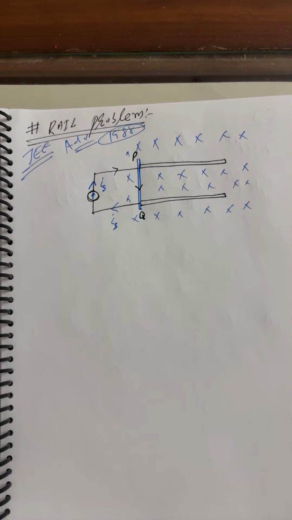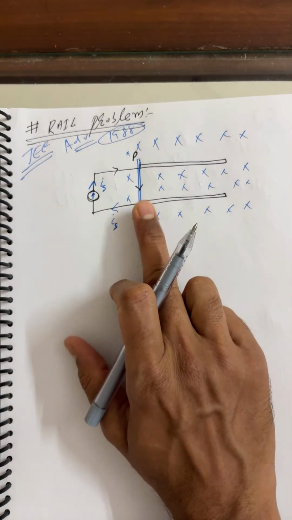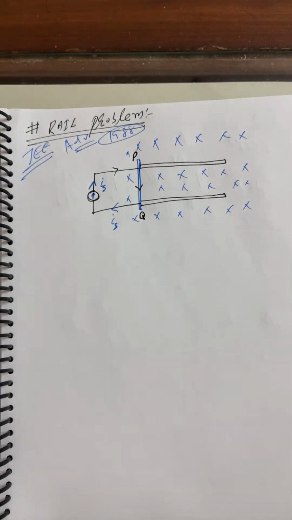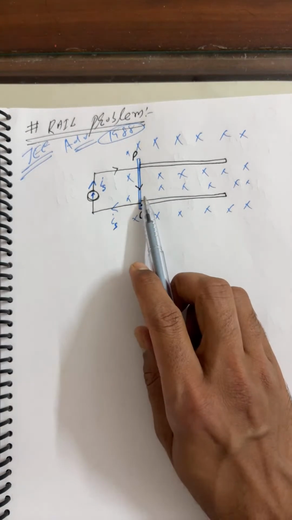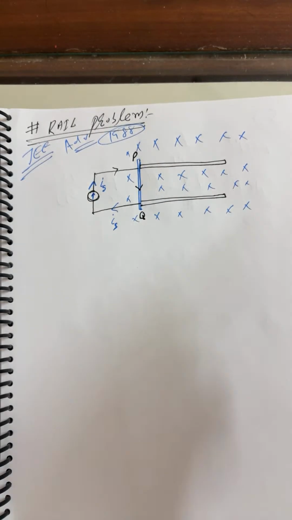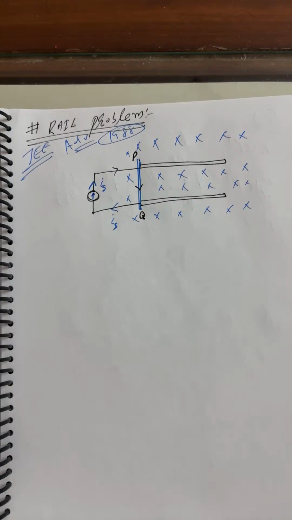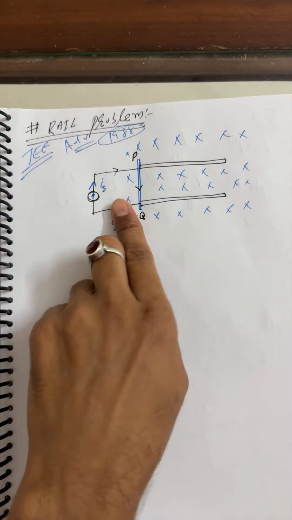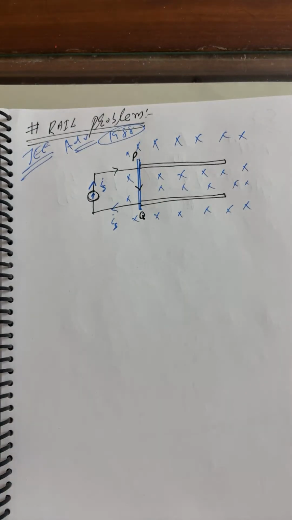Okay, fine students, this is the PQ rod of mass M, sliding over the rails, and finally it falls over the ground where the coefficient of friction is mu. Find the distance over the ground the PQ will slide before coming to rest.